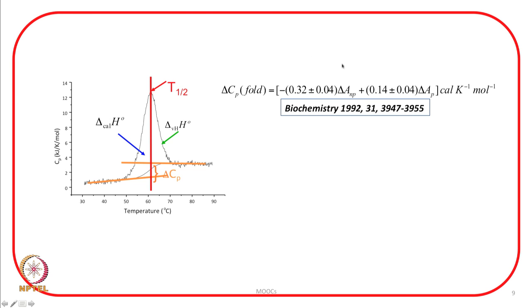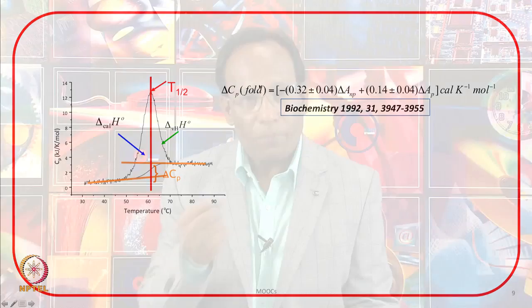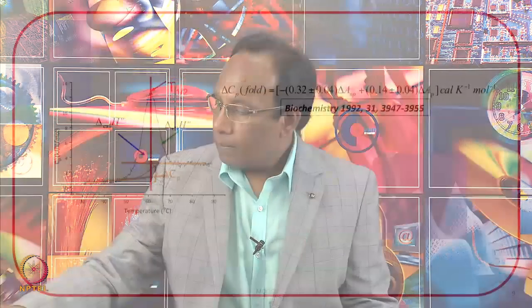It is connected with the change in accessible non-polar surface area and polar surface area. So, delta Cp gives information also on how much non-polar surface area is getting exposed or buried upon unfolding or folding, and also how much polar surface area is getting exposed upon unfolding or buried upon folding.